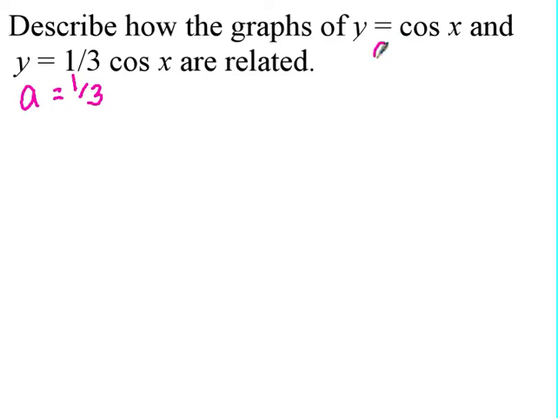Amplitude here is 1. So one is just going to be 1/3 the height of the other. So you could actually put that in words. Do I need to draw a graph or do you think you understand that? It would just go up to 1/3. Now the key about cosine, remember cosine starts at the high point. So at 0, you would start at 1 and 1/3.